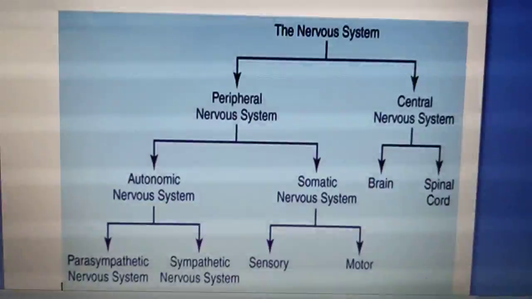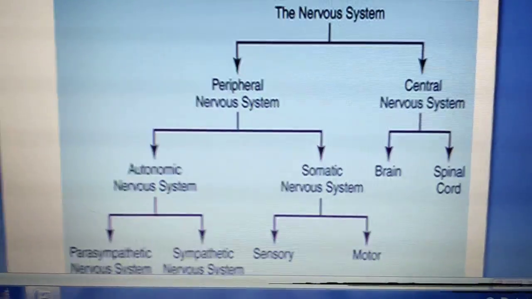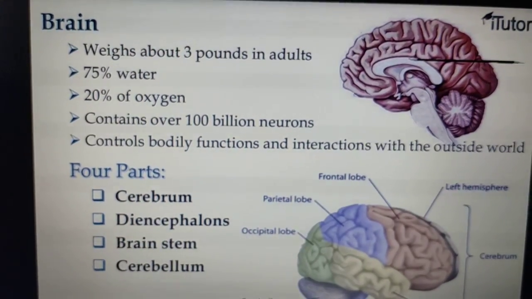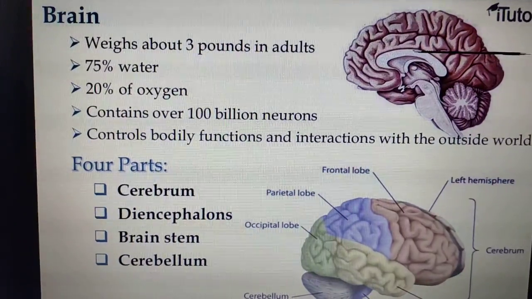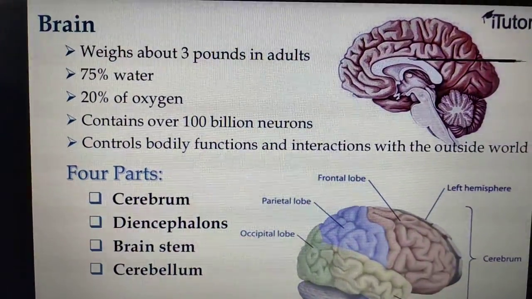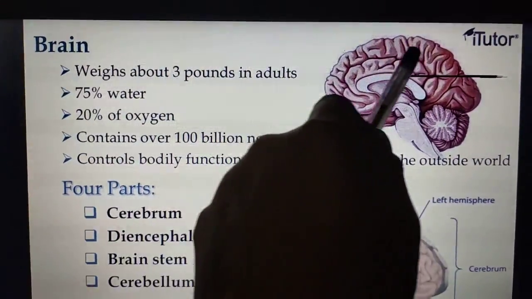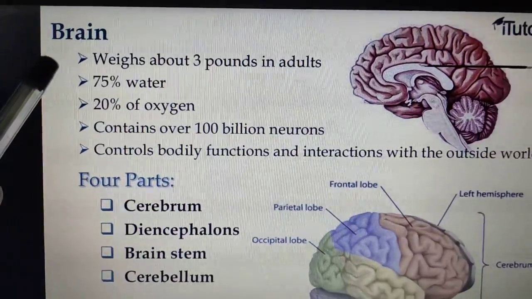Okay, now we'll see the central nervous system in detail. As we all know, the central nervous system is composed of the brain and the spinal cord, isn't it? Now we'll see the brain in detail. This structure we call the brain, and it weighs about 3 pounds in an adult.